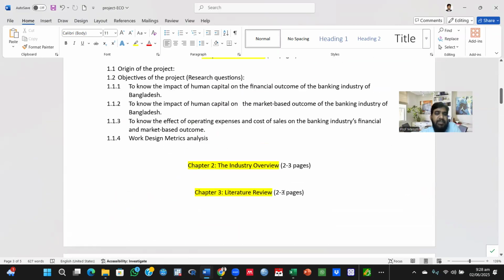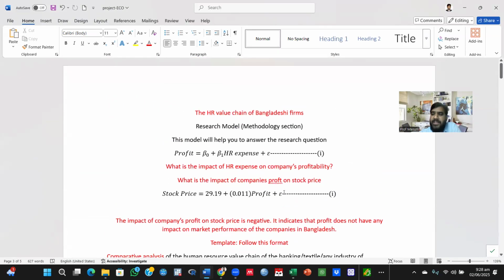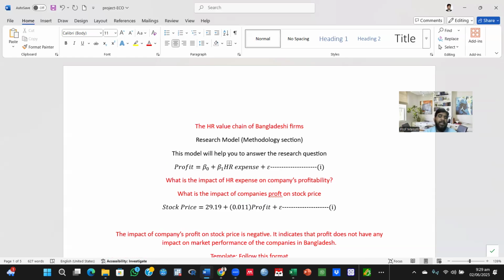This is just an idea, and if you can include some people analytics, HR and other modern tools, for example, artificial intelligence, that will add additional value because you will also explain AI in Bangladeshi HR.